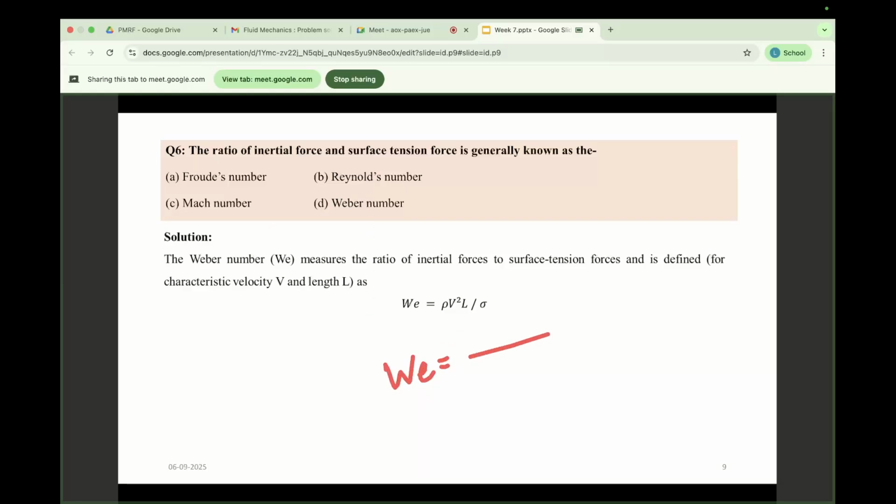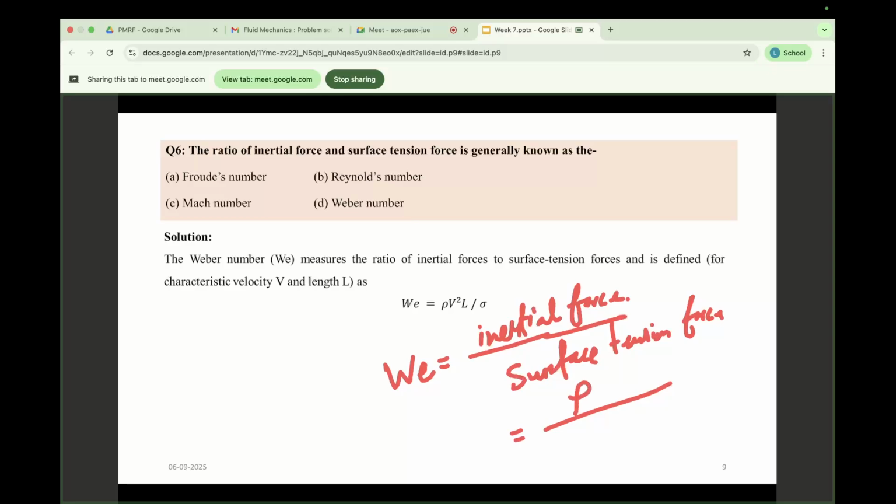Basically this is inertia force by surface tension force, right? Inertia force we know is rho into v square, right? Rho v means mass into v. This is the inertial force.